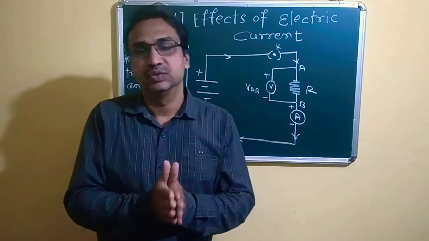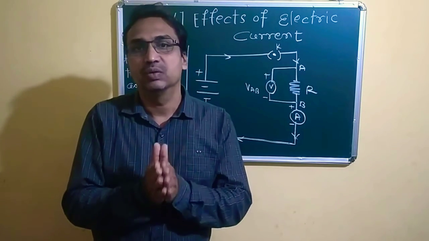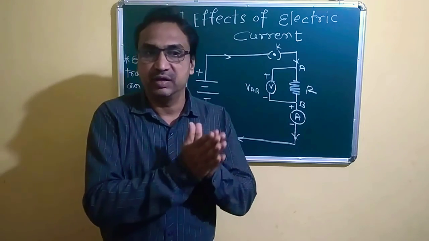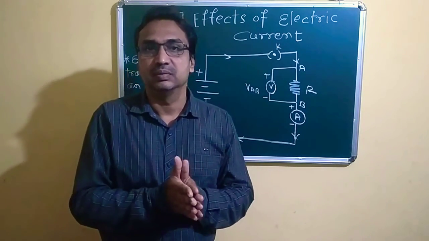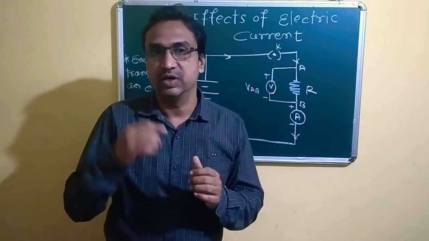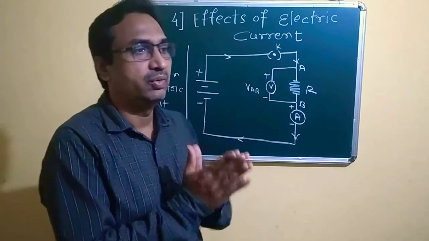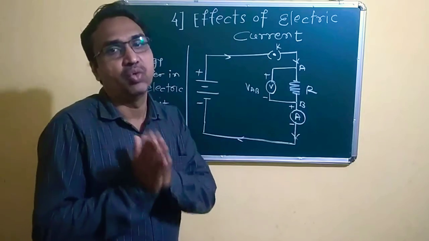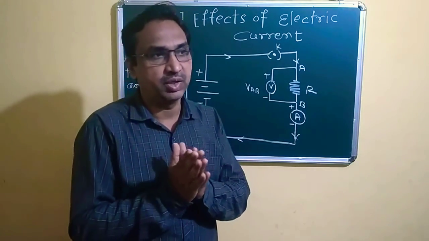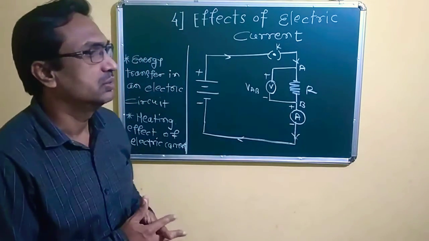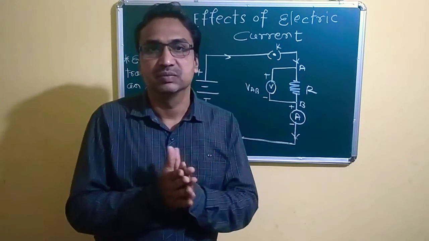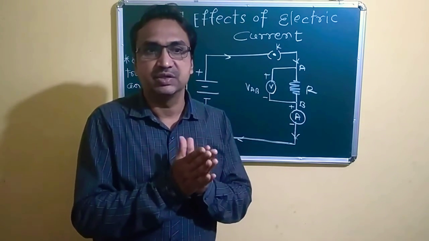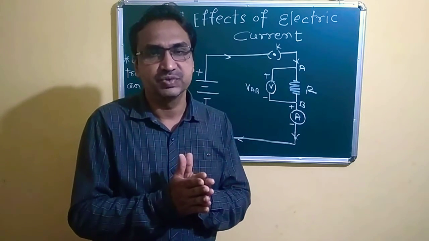You know that electricity is 180 to 220 volt AC, alternating current. That alternating current is flowing in the electrical wires circulating in our home. We know the law of conservation of energy. This electricity is converted into different forms.